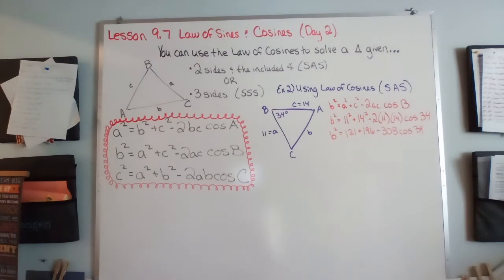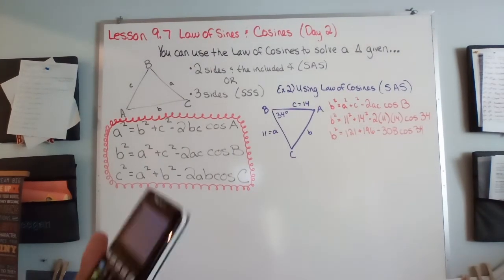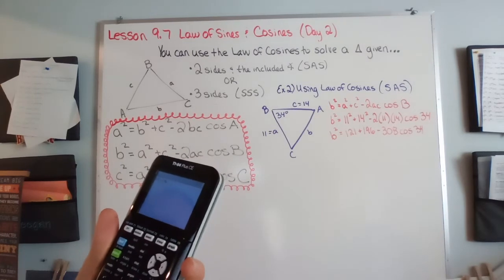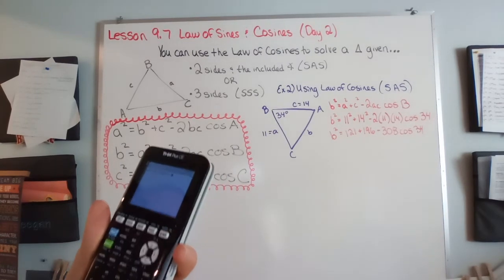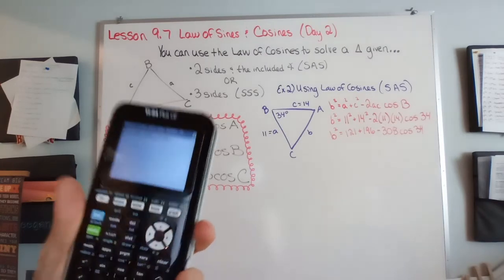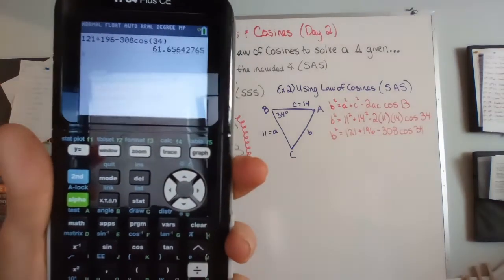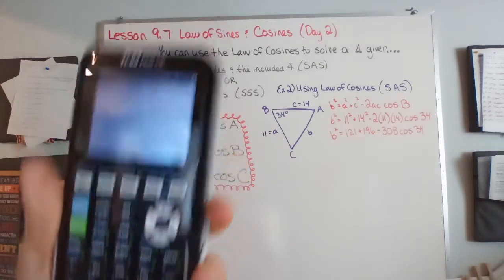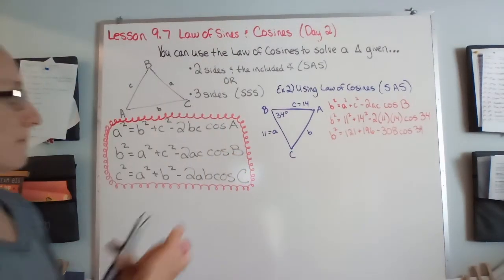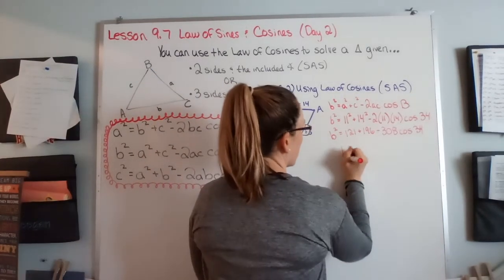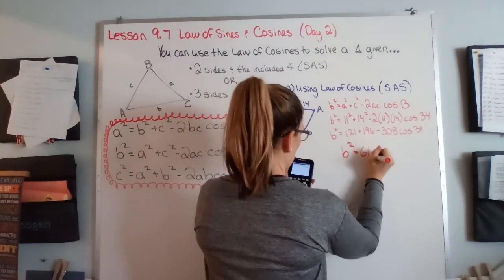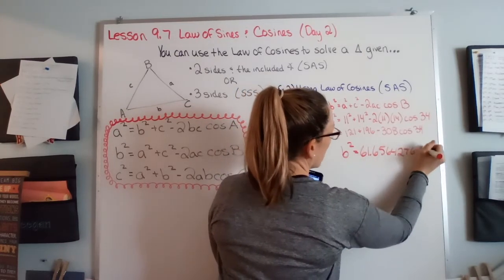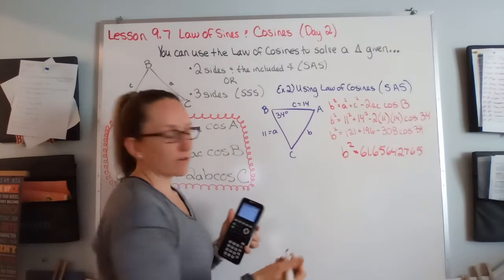From here, I am going to plug it into my calculator and simplify that right-hand side. So let's do that together. 121 plus 196 minus 308 cosine 34. And you get 61.6564, and so on. So b squared is equal to 61.65642765. To get b by itself, I have to take the square root of both sides.